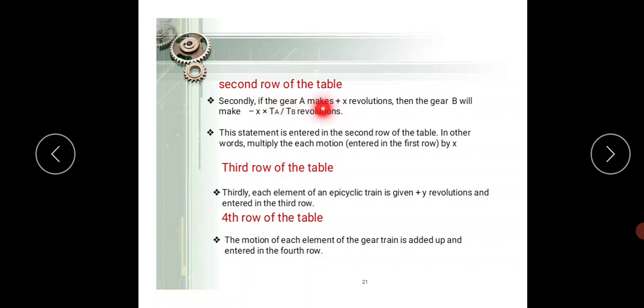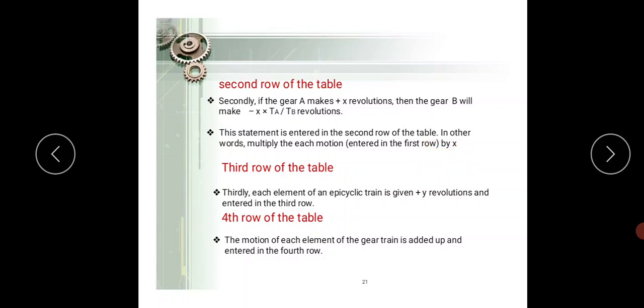Secondly, if gear A makes plus X revolutions, gear B will make minus X into TA divided by TB revolutions, and this is entered in the second row of the table. In other words, each motion entered in the first row is multiplied by X.